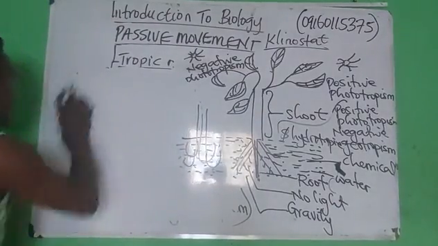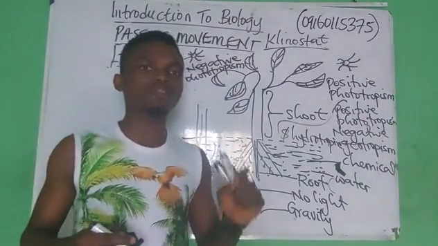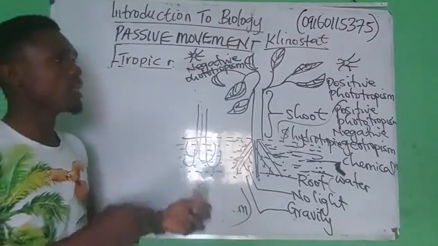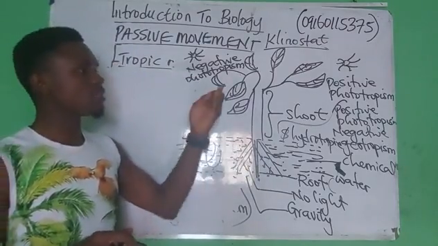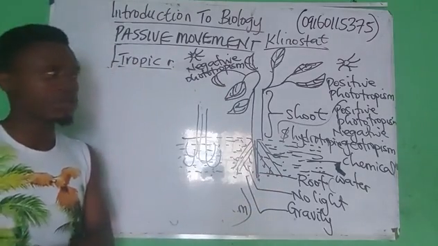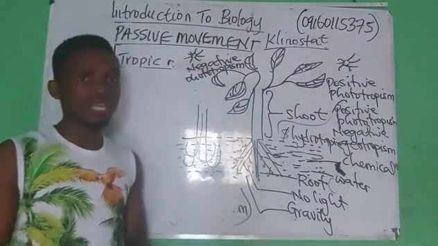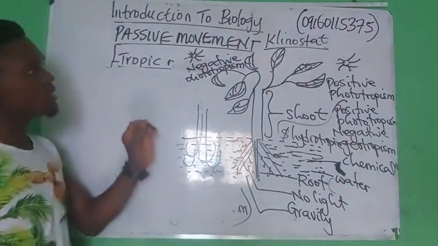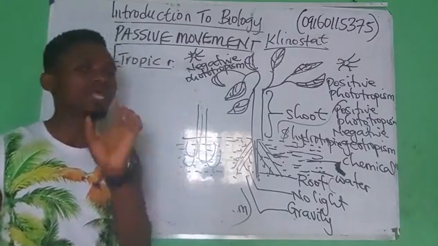The next one is Nastic movement. Nastic movement is also a non-directional type of movement that is neither negative nor positive. Please, tactic movement and tropic movements are either positive or negative. All right, but Nastic movement is neither positive nor negative. Just know that it is a type of movement that does not have a particular direction.